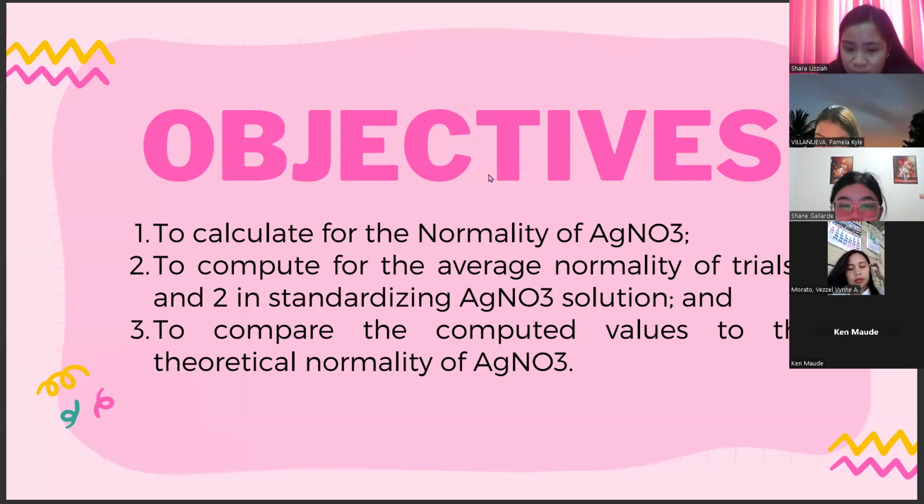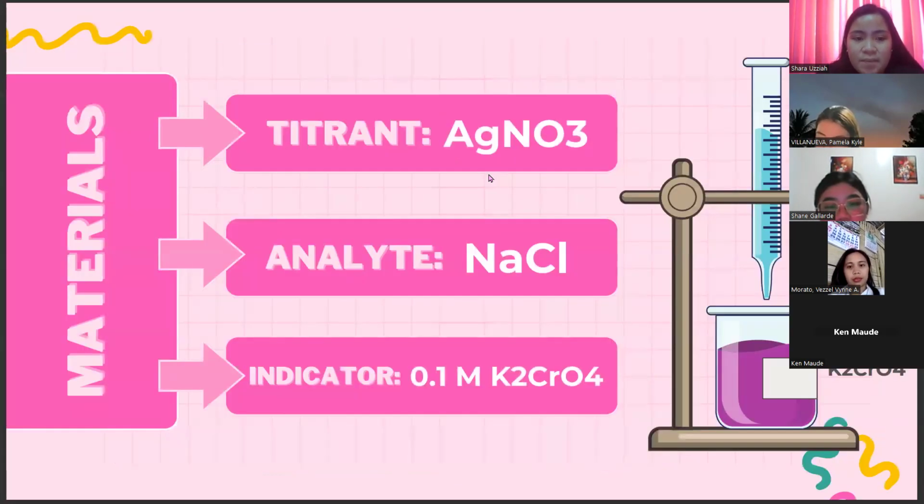We were able to accomplish these objectives, but the data and results we used in this reporting are solely based on samples of data and results from an online reference with the same procedures as presented in this laboratory activity. For the materials involved in this experiment, we have silver nitrate as our titrant, which is placed inside the burette, sodium chloride as our analyte, and 0.1 M potassium chromate as our indicator.